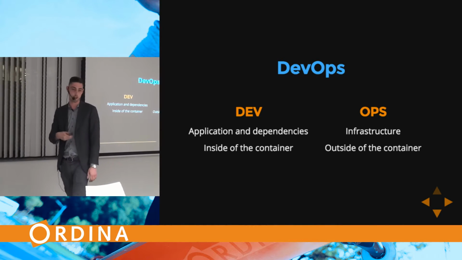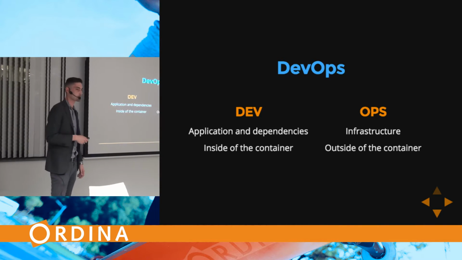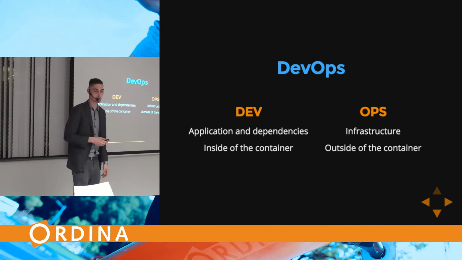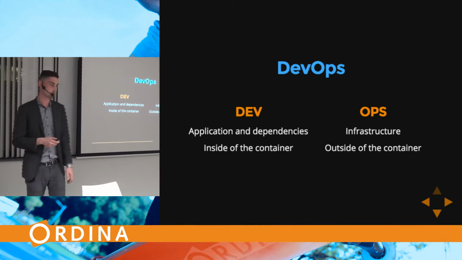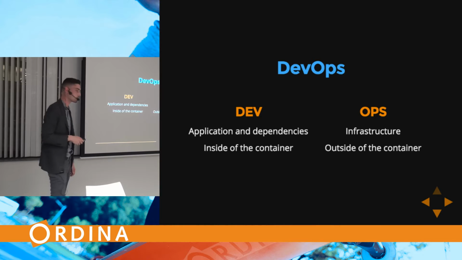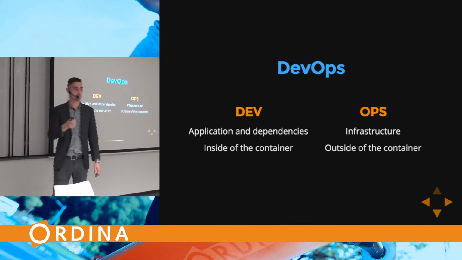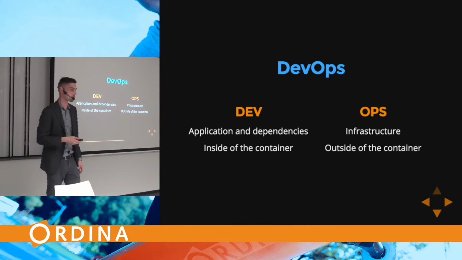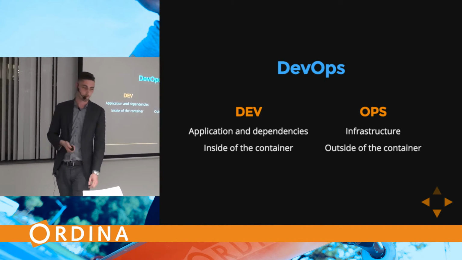He just has to know, okay, there's an application inside, it exposes port 80 or maybe another port, and maybe it needs a volume mounted on top of it, but he doesn't need to know anymore that it's a Java application or whatever. He just takes the container and runs it on any server he wants.